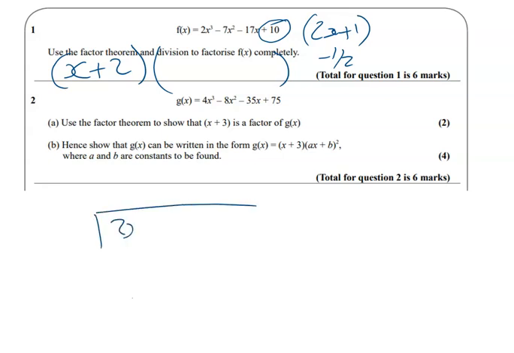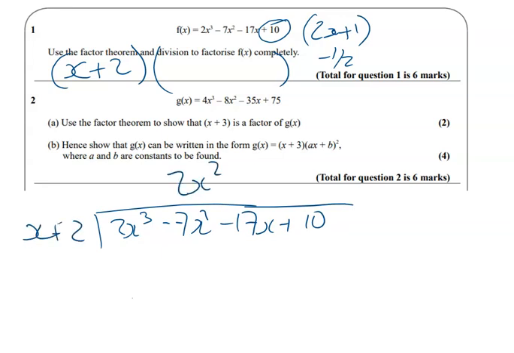So we would put 2x cubed minus 7x squared minus 17x plus 10, and we divide and we get 2x squared. We times it back, 2x cubed plus 4x squared. We're going to subtract, so we're going to end up with minus 11x squared minus 17x.